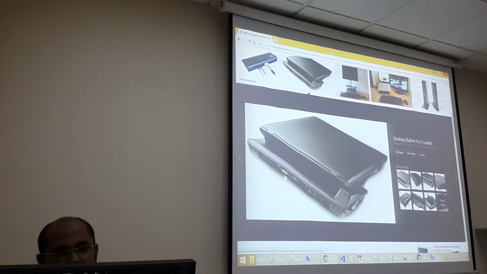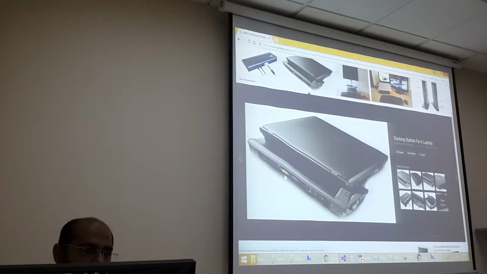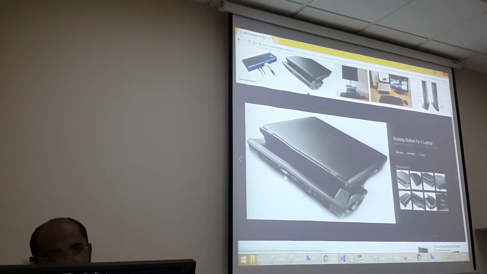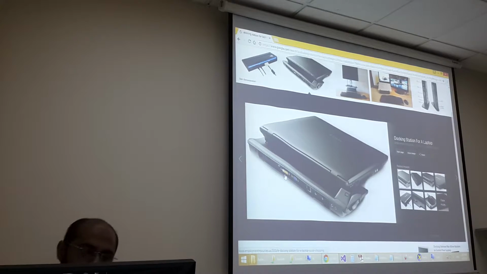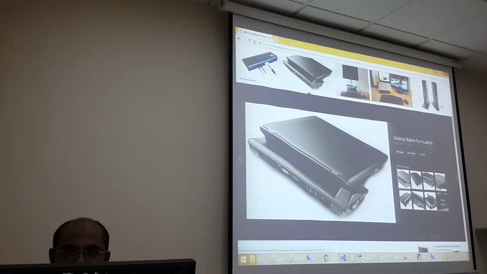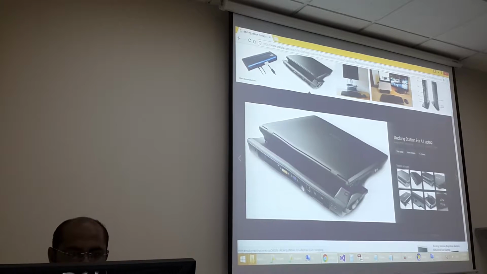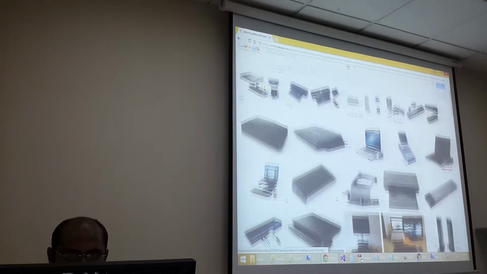Nowadays they are not famous, because we can take a remote VPN connection from home. But still it's there. There are different types. This is for laptops; for servers you may have different types; for mobile phones you have different types.